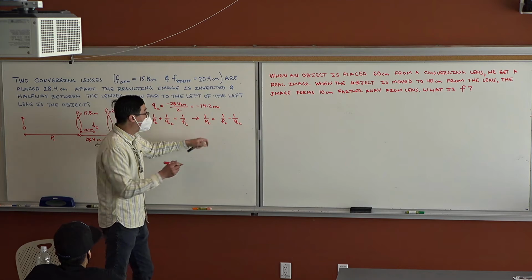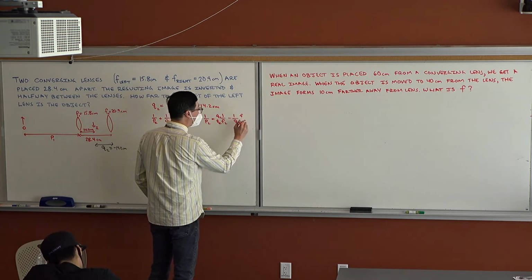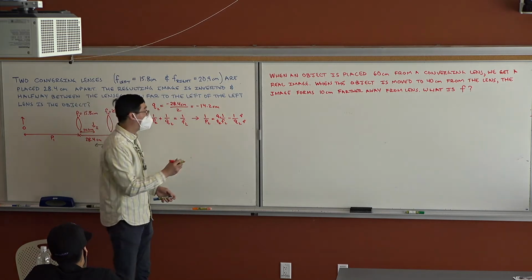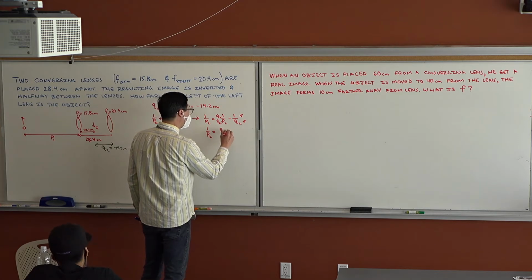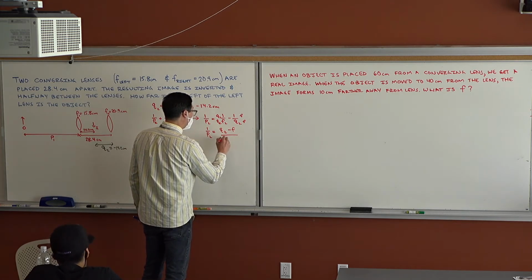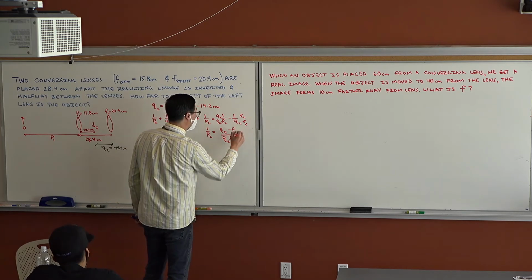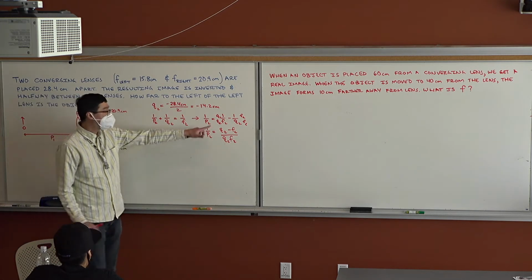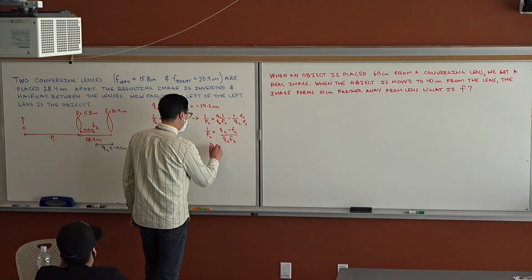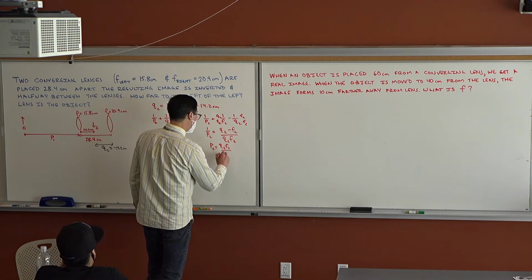And then I can multiply top and bottom of this one by Q2, and top and bottom of this one by F2. Now they're over a like denominator. I can say that 1 over P2 is Q2 minus F2 over Q2 times F2. And then I can just flip, so that P2 is Q2 F2 over Q2 minus F2.